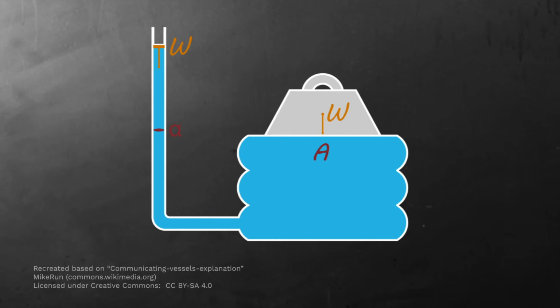So even though the weight of fluid in that small tube, a small letter w for the weight and small a for the cross-sectional area, is not that much weight, what we have is enough pressure to spread it over a larger area. And that larger area is enough to support the large weight.